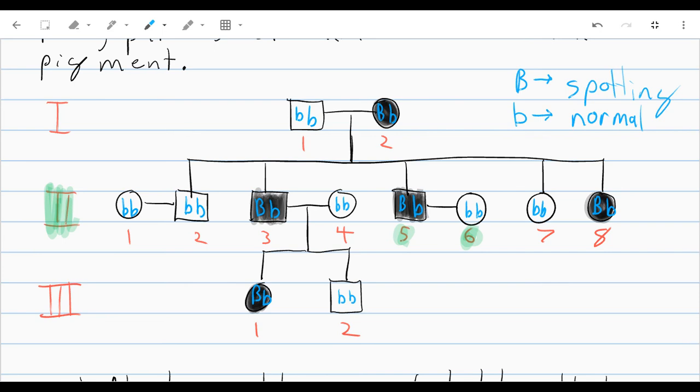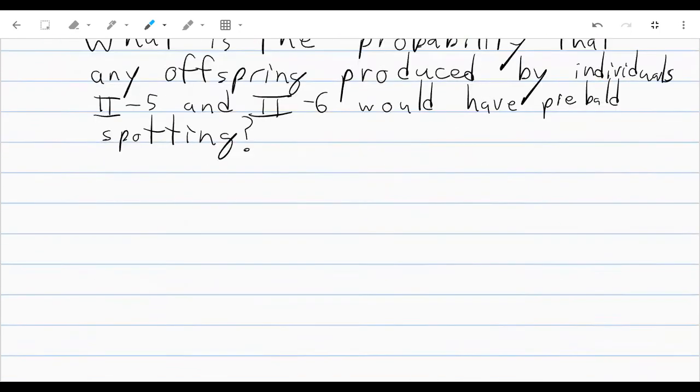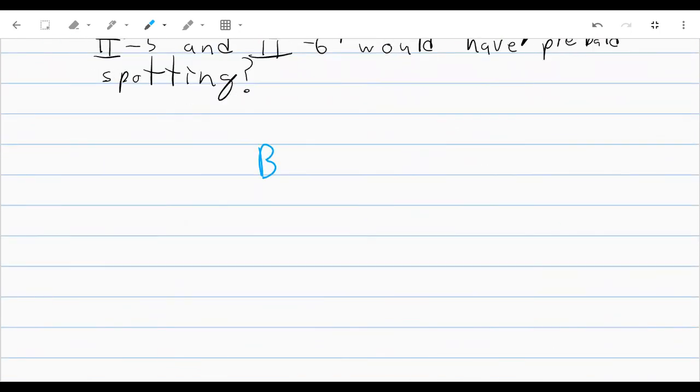Okay, so now we know that 2-5 and 2-6, when they have children, the cross is big B, little b versus little b, little b. Now all we have to do is make a Punnett square.